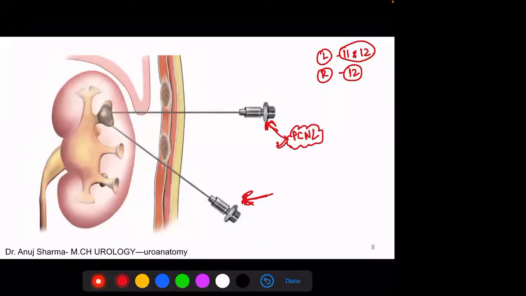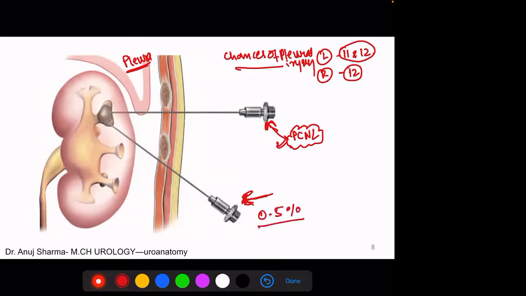This is pleura. So the question is chances of pleural injury during PCNL. If we do the subcostal puncture, it is best and safe. Most safe puncture is subcostal.